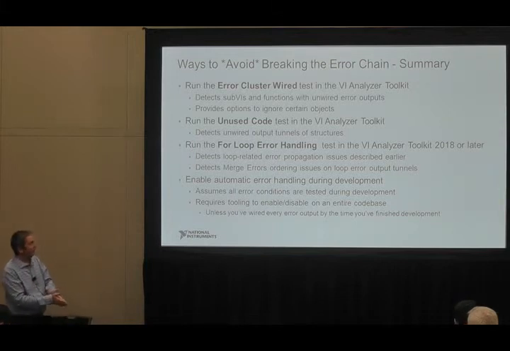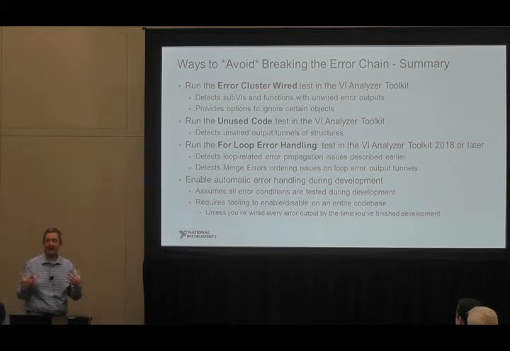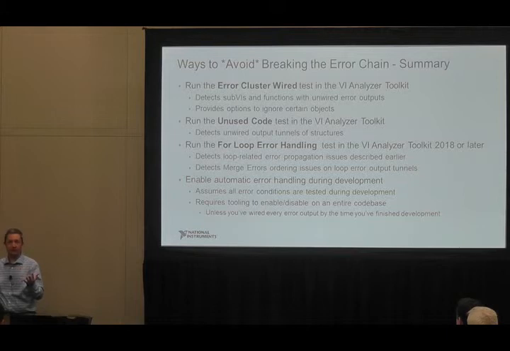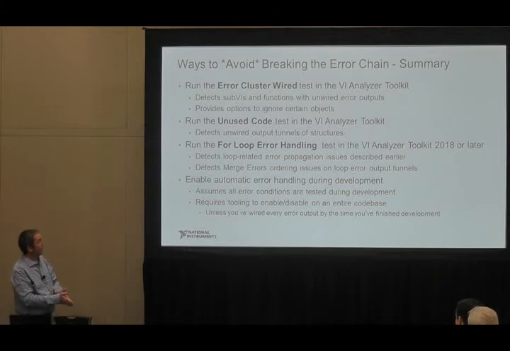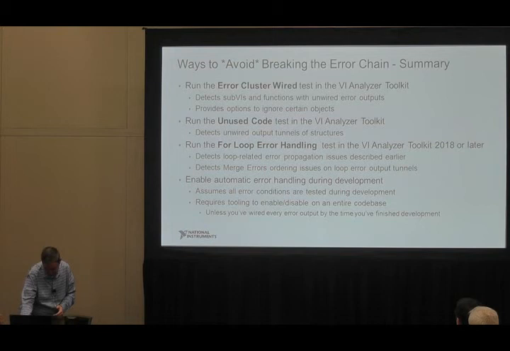Another thing is that assuming you only want to run it during development, that means you need to add some tooling to your process where you turn it on for everything while you're debugging and testing, and then you turn it off for everything once you're ready to deploy your code. So that's Stephen's bullet right there. Take it with a grain of salt.